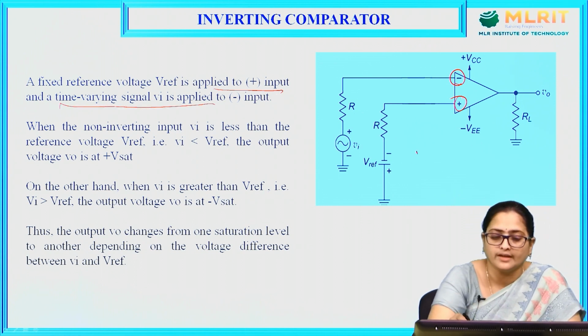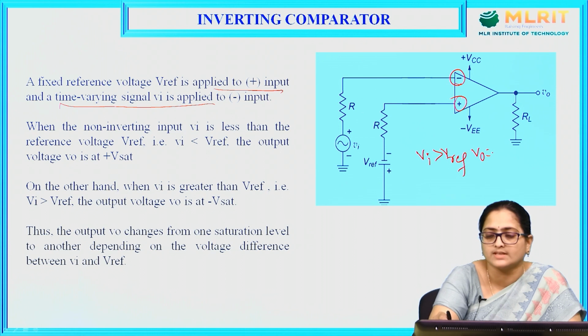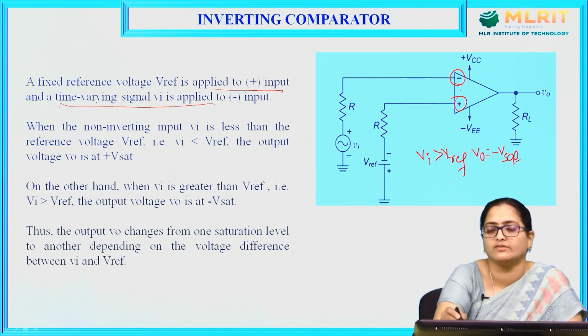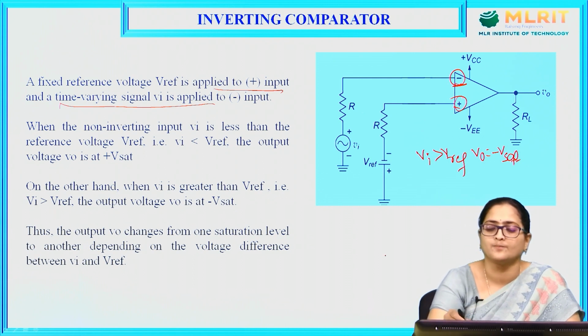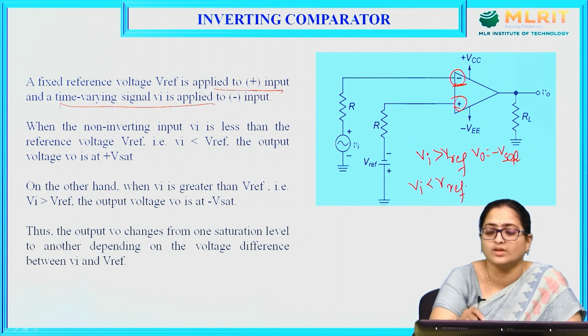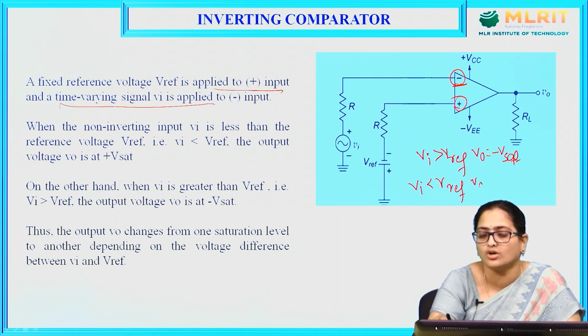If Vi is greater than V reference, the output is minus Vsat because Vi has been given to the negative terminal, so the voltage across the negative terminal is more than the positive terminal. So V naught equals minus Vsat. And if Vi is less than V reference, that means V reference is more, so V naught equals plus Vsat.